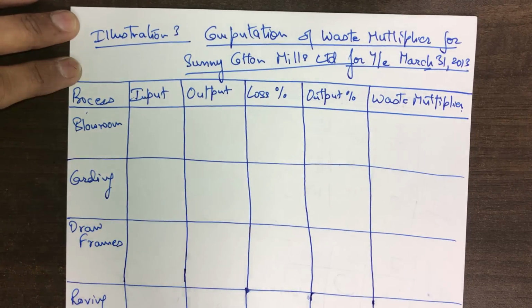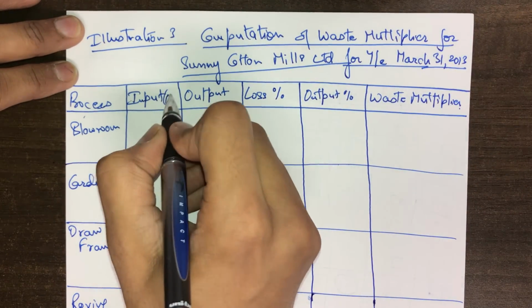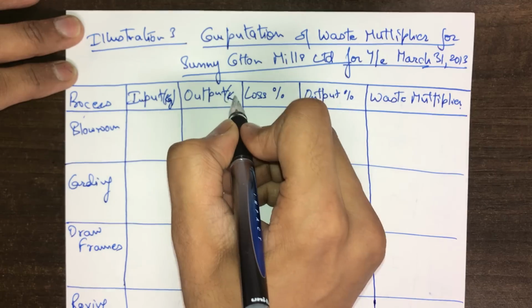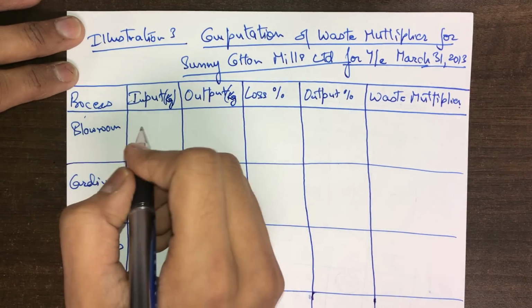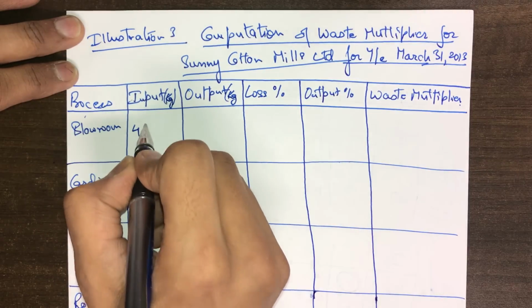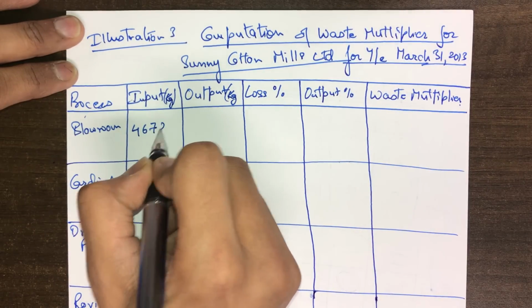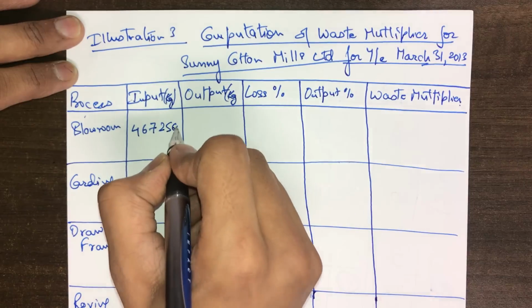So the data which we need to fill in the format is the input and output which we will receive from a particular process. 46,72,560.